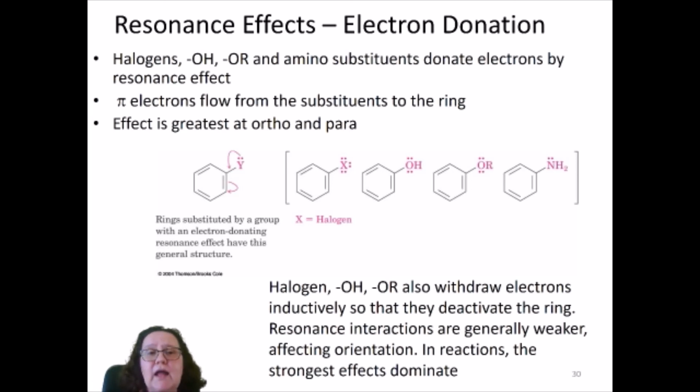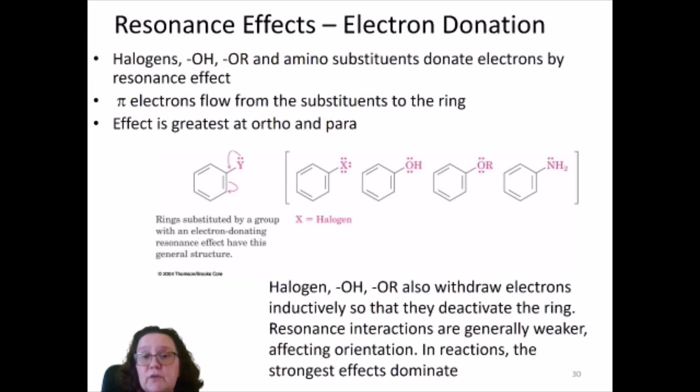On one hand, the halogens, the hydroxyl group or the ether group donate electrons through a resonance effect, and on the other hand, they withdraw electrons through an inductive effect, through the sigma bond. So those two effects contradict each other and work against each other.